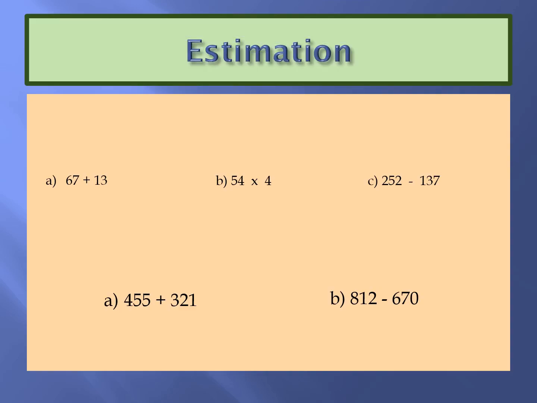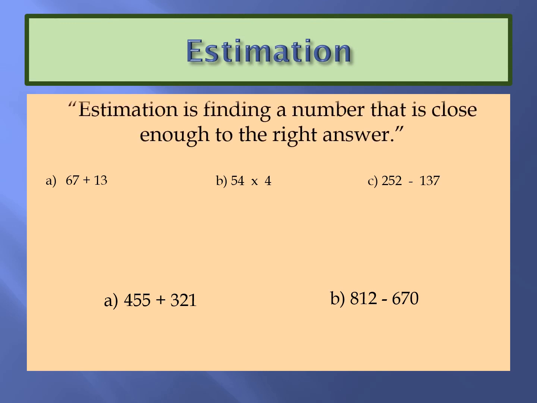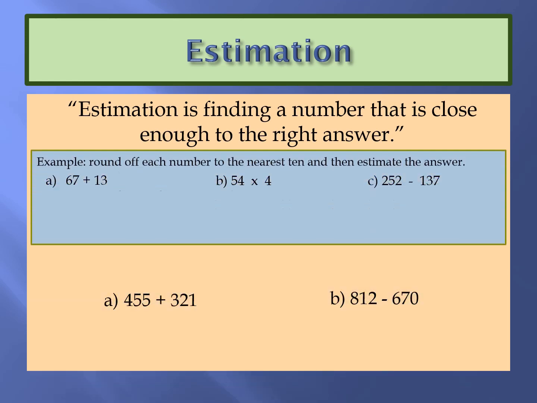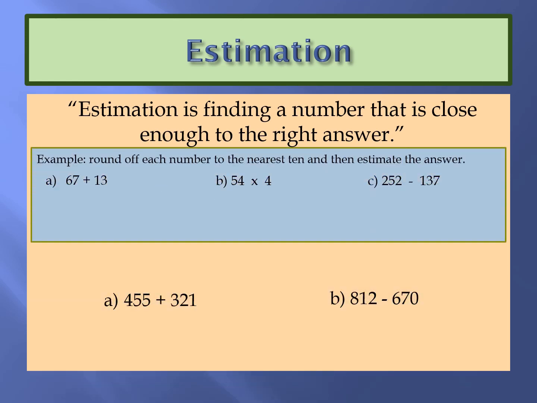Estimation. This is another topic, but it is related to the rounding off. Estimation is finding a number that is close enough to the right answer. Now here I have some examples. You have to round off each number to the nearest 10 and then estimate the answer.